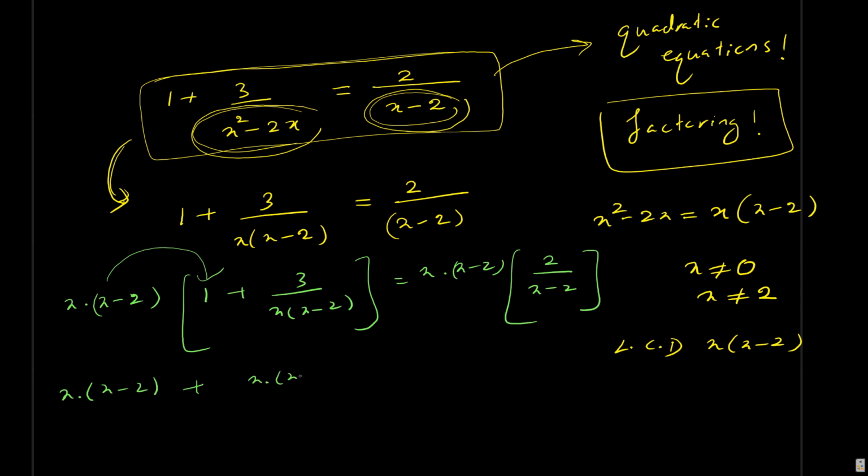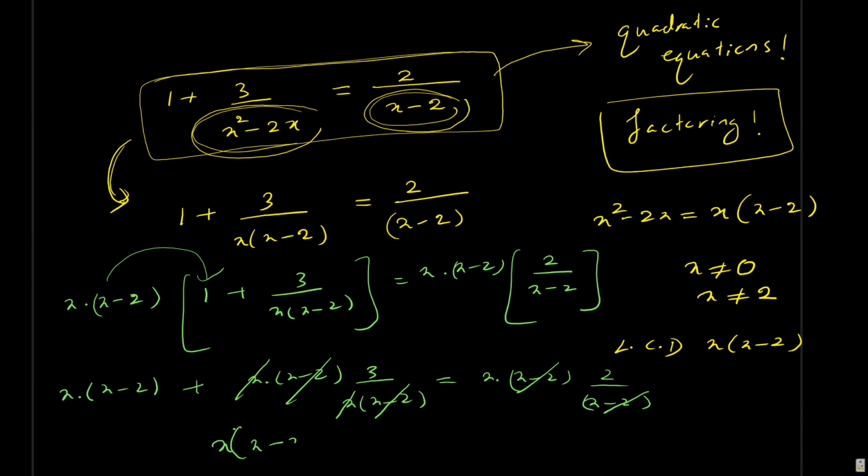And then x minus 2 times 3 over x minus 2 equals x minus 2 times 2 over x minus 2. Now let's cancel things that can be cancelled. This, not that, this. So x plus 3 equals what is the remaining part here, 2x, right?